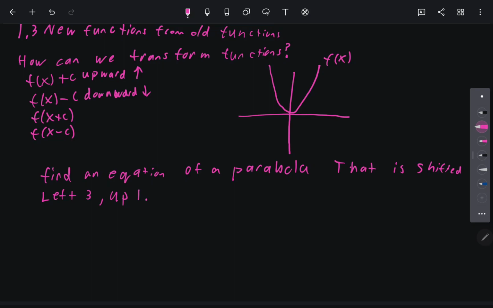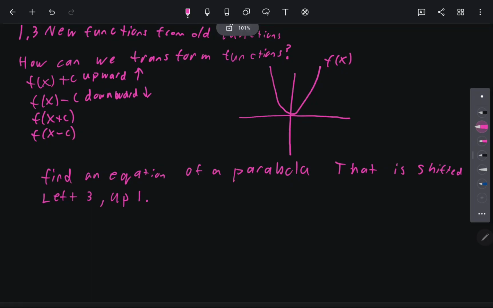Well, if we have a plus c on the inside, it's going to shift the graph to the left by a distance c. So it's going to shift left by a distance c.